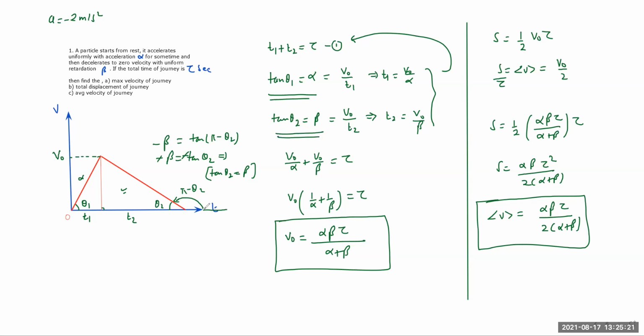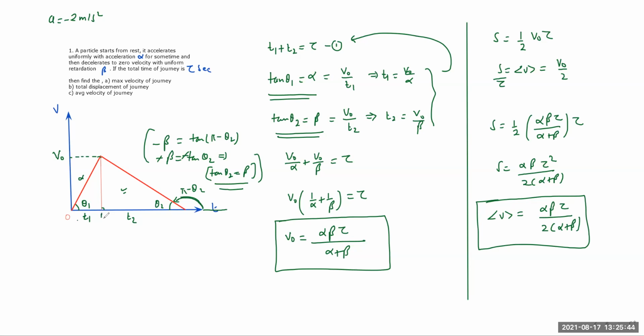Either you take this angle and write this long process, which will give you the same answer, right? The best way is that alpha is the slope. For the first journey, alpha was constant, so from 0 to t1, this interval, alpha is constant.